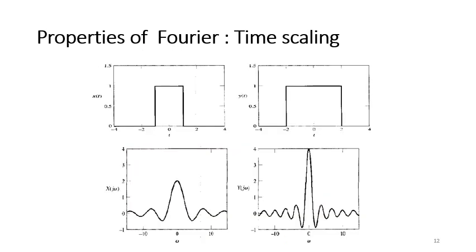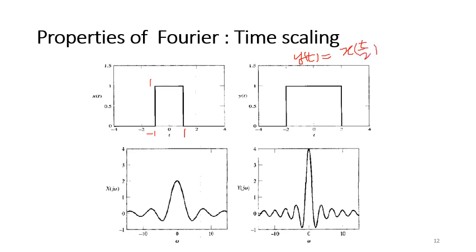So here is the graph for the problem we have just considered. So this is our x of t. It has value of 1 from -1 up to 1, and it has the scaled version y of t, because y of t equals x of t by 2.